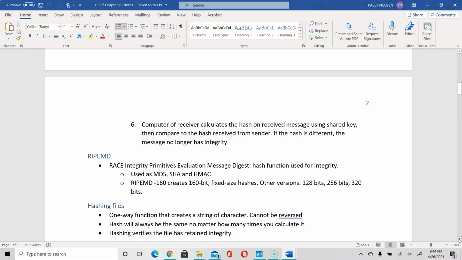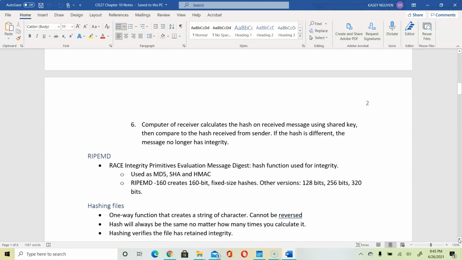When we look at hash files, a hash is a one-way function that creates a string of characters, and you can find different hash tools that are available online. It would apply these functions and generate a string of characters which represents the hash value, or hash file, for whatever you are trying to utilize it with.